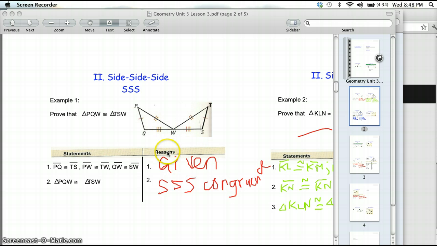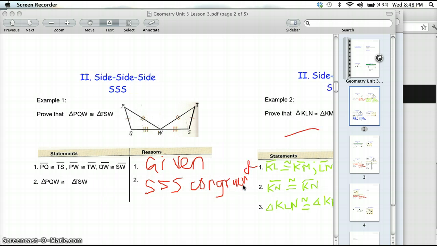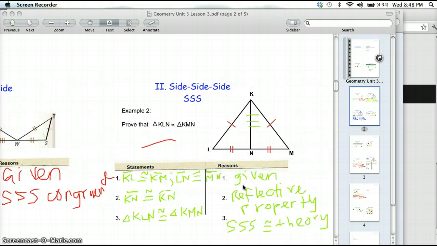Now the reason is that it was given to us. So we can now prove that triangle PQW is congruent to triangle TSW based off of the side, side, side congruence theorem. Now let's look at example 2.